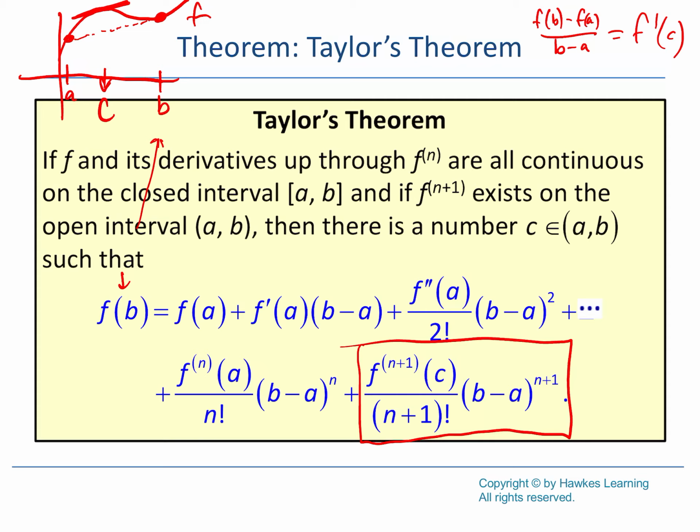We do end at the n plus 1th term. But we're able to say that the function evaluated at that endpoint is the same as this entire approximation over here. Or not approximation, really, because we find the special c value that makes the entire thing equal.